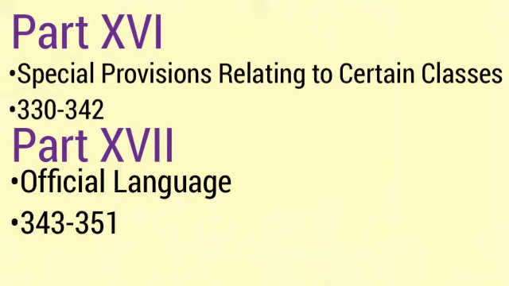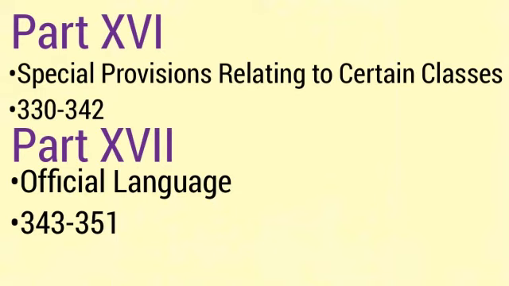Part 17, the subject is official language, which consists of language of the Union, regional languages, languages of the Supreme Court, High Court, etc. and also special directives, articles 343 to 351.